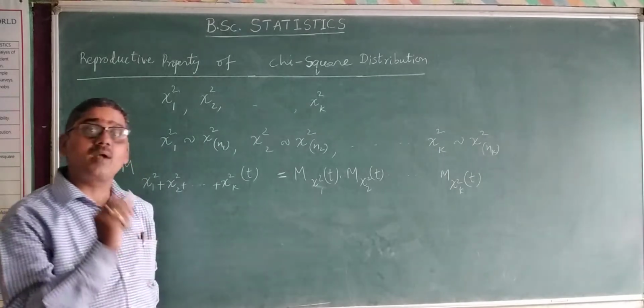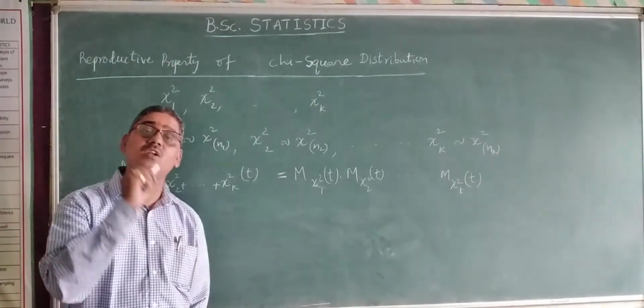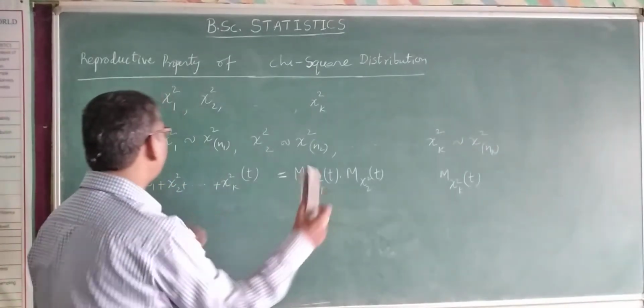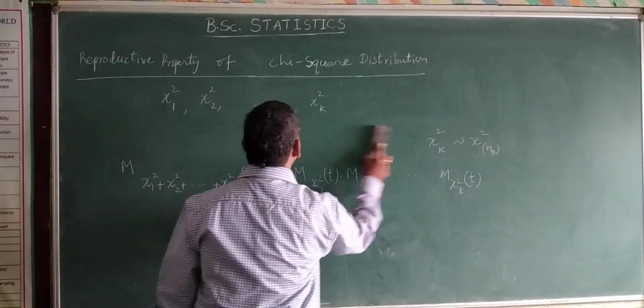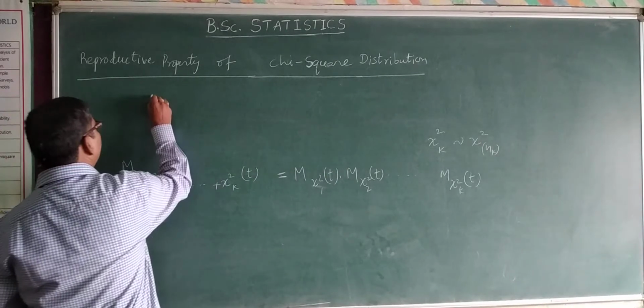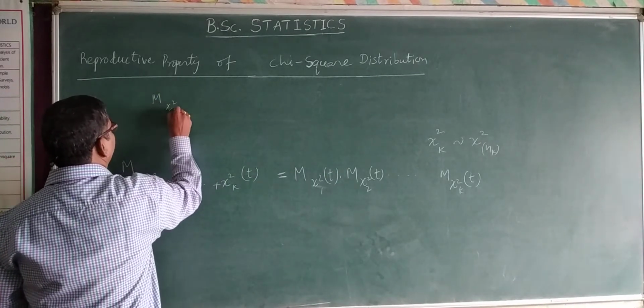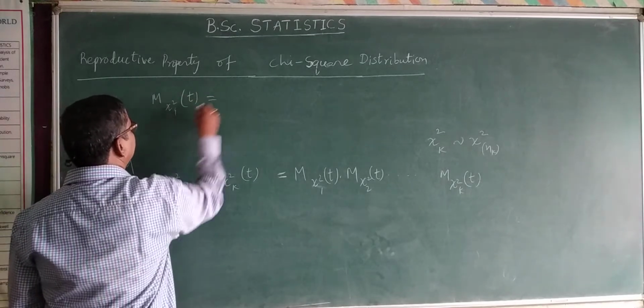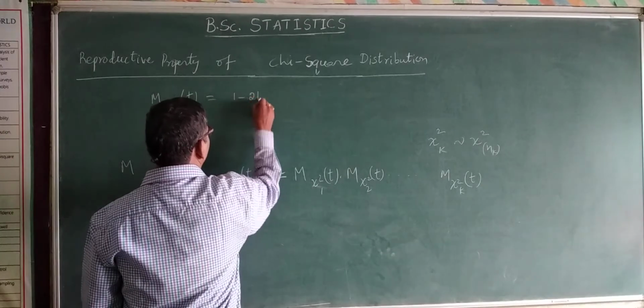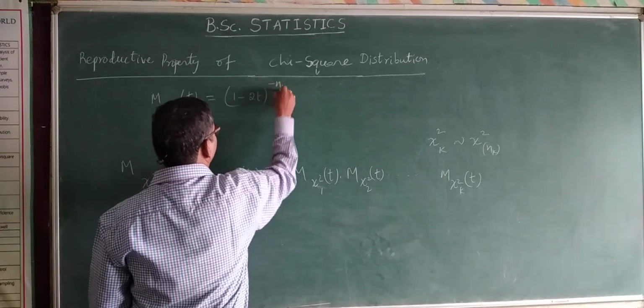Now what are the moment generating functions of chi-square 1, chi-square 2, chi-square k? Since chi-square 1 follows a chi-square distribution with n1 degrees of freedom, its moment generating function is (1 minus 2t) to the power minus n1 by 2.